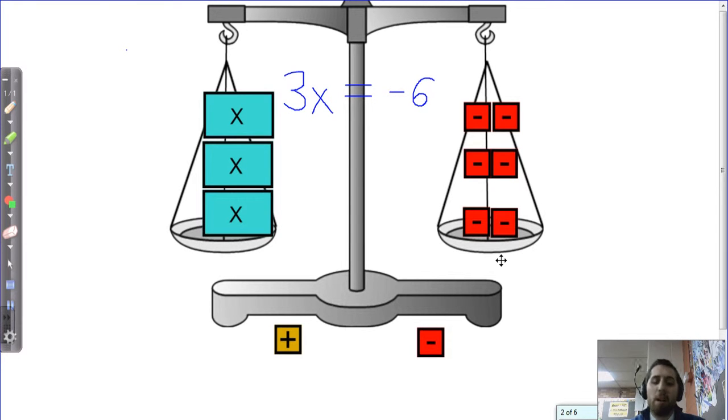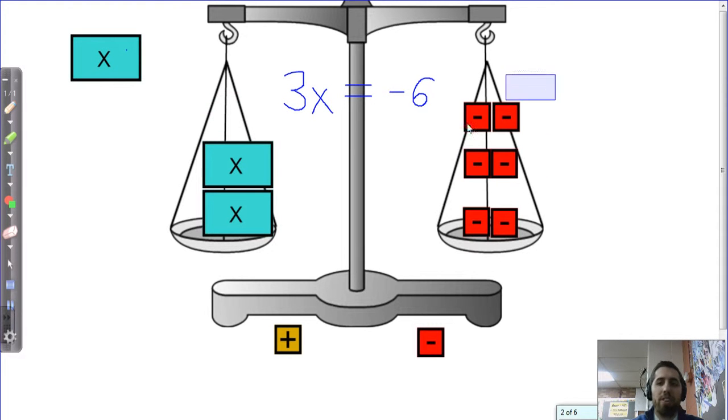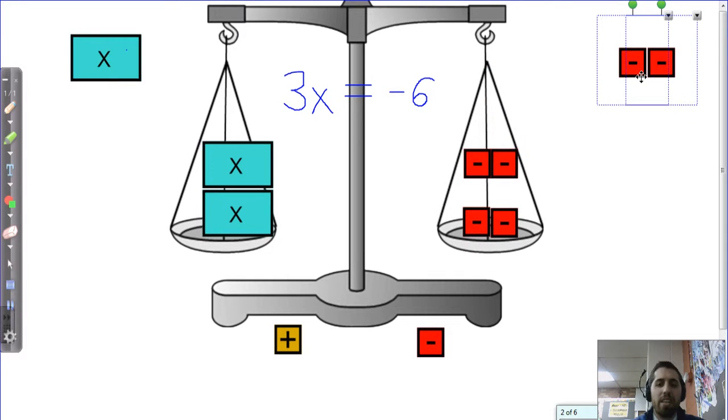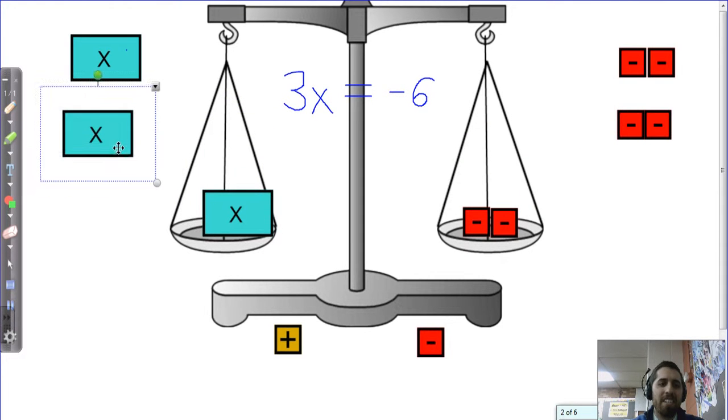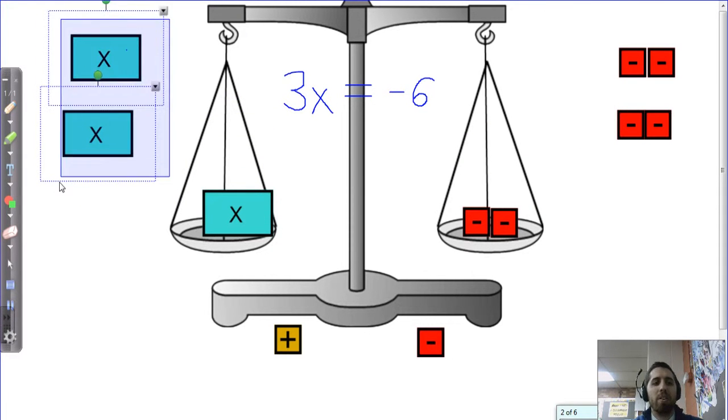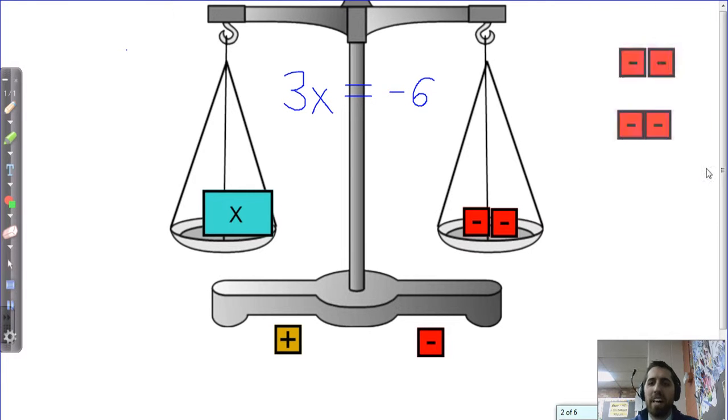But what we do know is that the total values are equal. And if I remove 1/3 of a total out of this total value, and I remove 1/3 of this total value, then it should stay equal. If it was equal before, it should stay equal now. And if I remove 2/3 of the right side and 2/3 of the left side, it should stay equal. Eventually we're going to have one individual x box, or x is equal to 2 negatives, or -2.